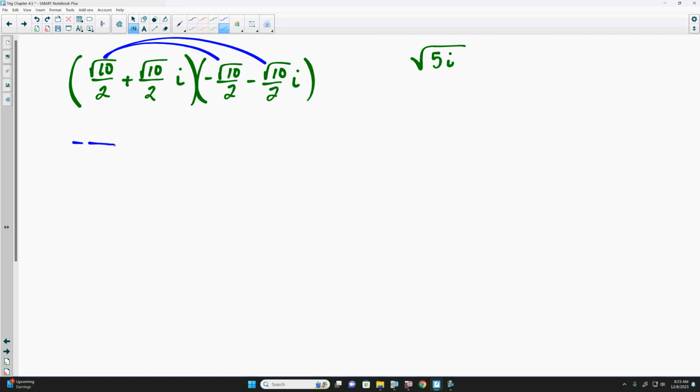negative. Our 2 times 2 would be 4. Square root of 10 times square root of 10 is the square root of 10 squared, which is just 10. So we have negative 10 fourths, and we can reduce that in a minute. And our square root of 10 over 2 times negative square root of 10 over 2i is going to be minus 10 over 4i.